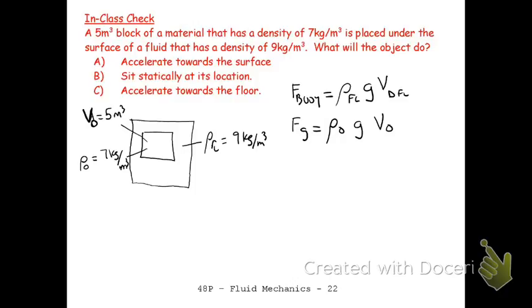And I know that these two volumes are the same: V of the displaced fluid is equal to V of the object because it's submerged. It's completely under the water.